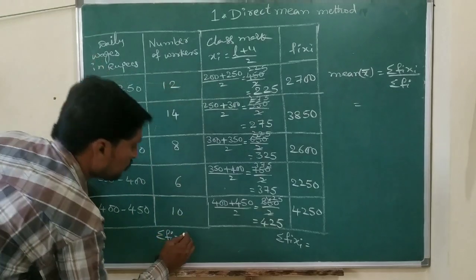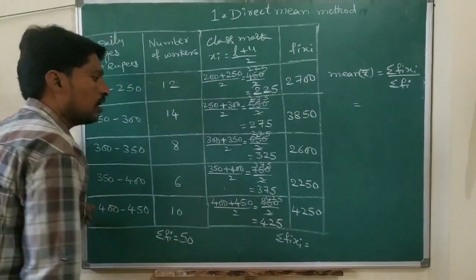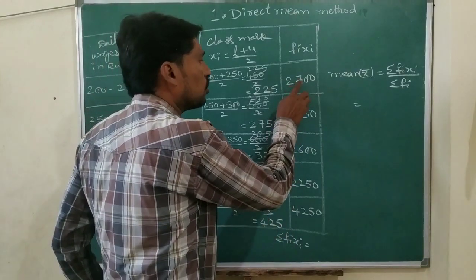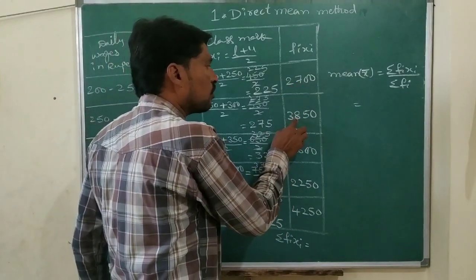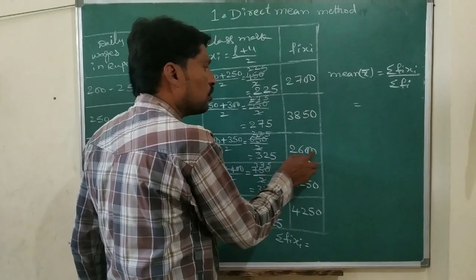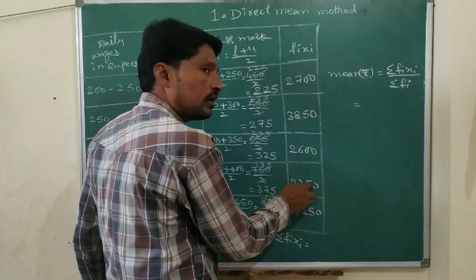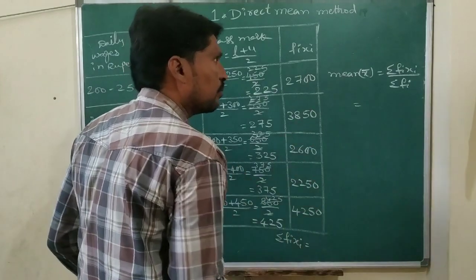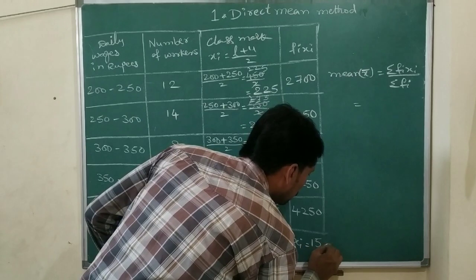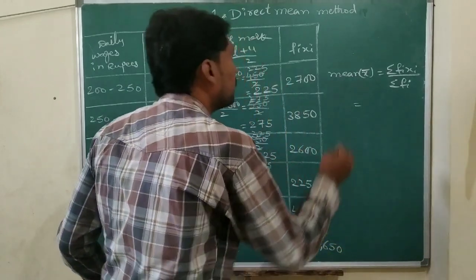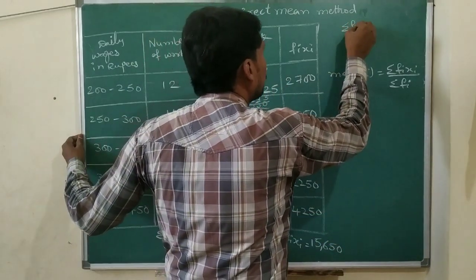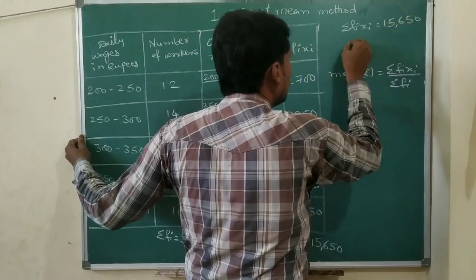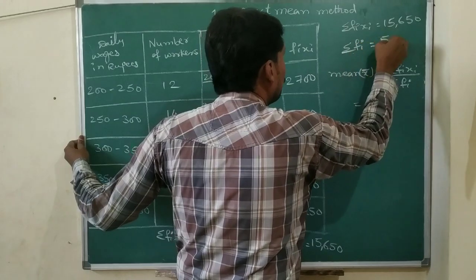All added, we are getting 50. Now sigma fi xi means 2700 plus 3850 plus 2600 plus 2250 plus 4250. This all added, we are getting 15,650. Now we can write that sigma fi xi equals 15,650 and sigma fi equals 50.